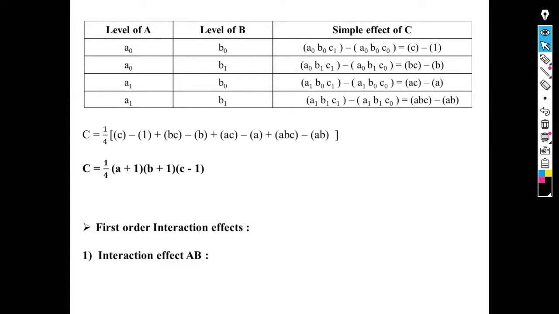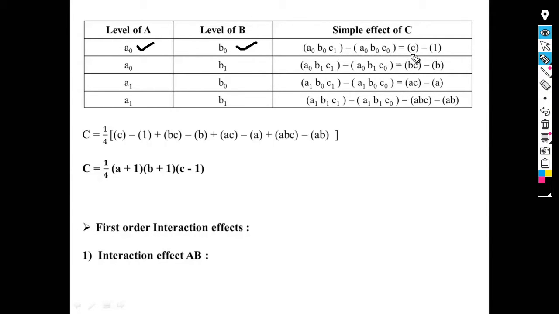So here we form one table. In this table we have levels of A and levels of B, and we consider these at two levels of factor C. First we consider A0 and B0. We get the simple effect of C at A0 B0: A0 B0 C1 minus A0 B0 C0.